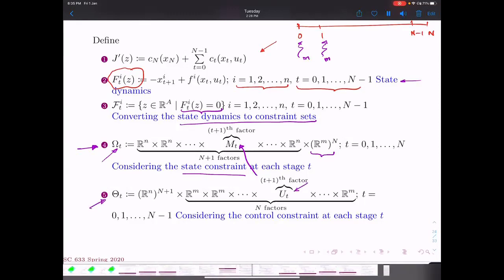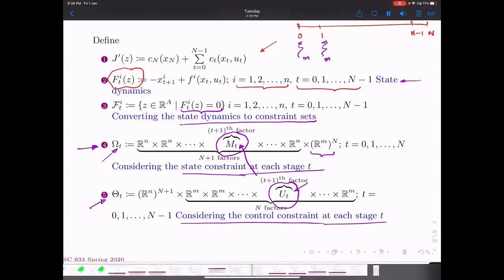So this is for the control, considering the control state constraints at each stage. Remember, we are considering this at each stage, which is why you see just this coming into the picture. All right.